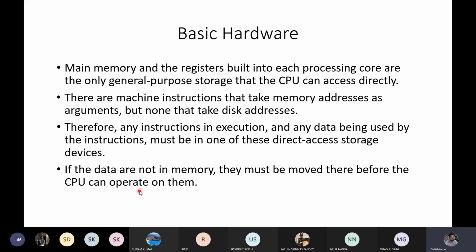Unless the instructions are in the memory, you cannot execute them. If you want to execute an instruction by the CPU, you need to move it into memory first. If the data is not in memory, the CPU cannot operate on it. So they must be moved first to the memory, then from memory the processor will take instructions.